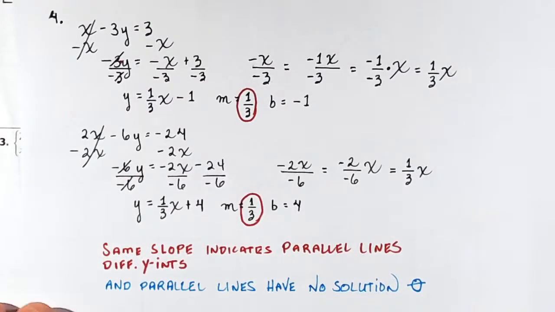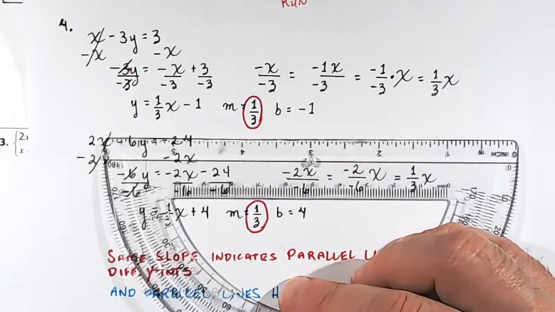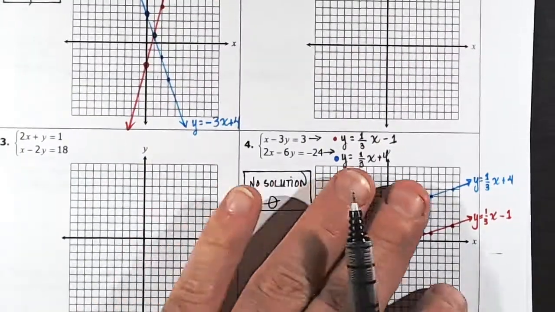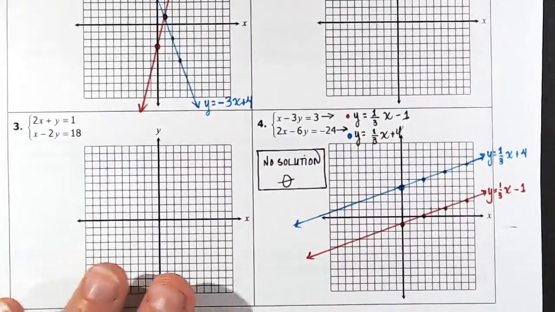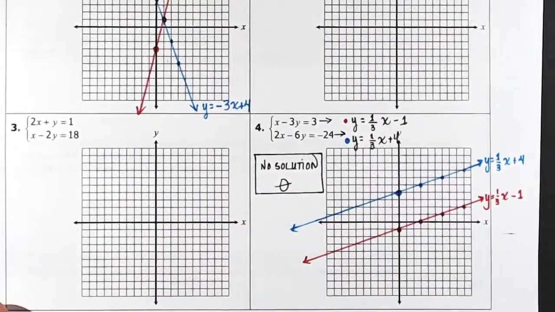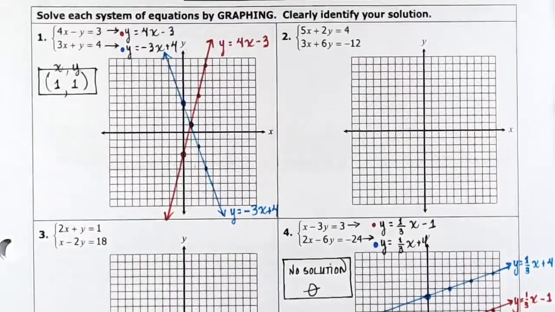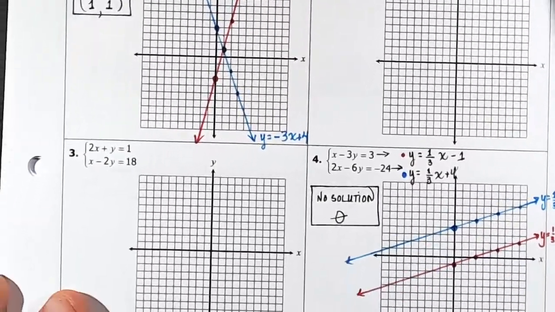This is your evidence right here. This is your side work. And if you use a straight edge here for both the side work and for the graphing, it will really help you just have a very organized understanding of what you're doing. All right, so those are the two graphing problems that I'm going to do, numbers 1 and 4.